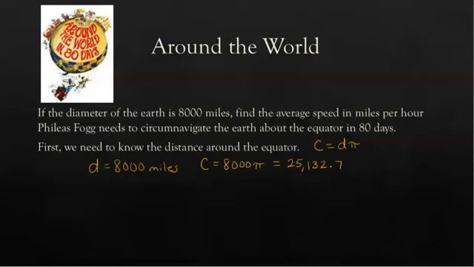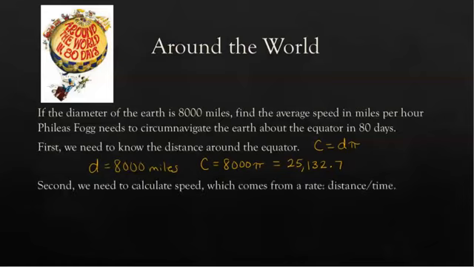The next thing we need to do is to calculate a rate. So to calculate speed, it comes from a rate, and rate is distance divided by time. Think about in your car when you're driving, you drive in miles per hour. That would look like this: miles, the number of miles, over the number of hours.